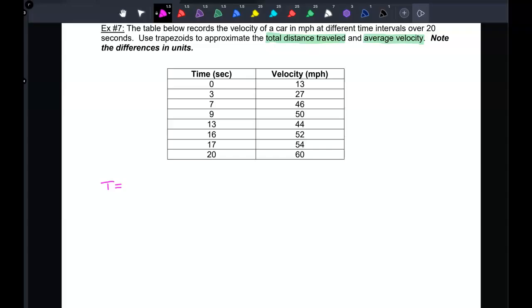At 0, I have 13. And then at 3, I have 27. And then it goes up here. So I'm basically making a bunch of trapezoids to estimate the area under the curve. Okay.